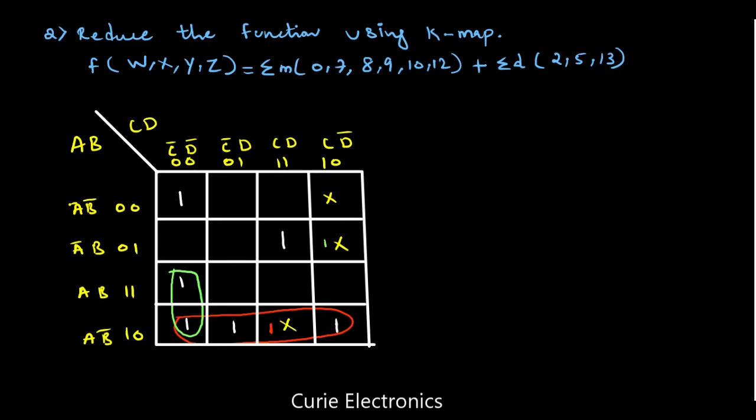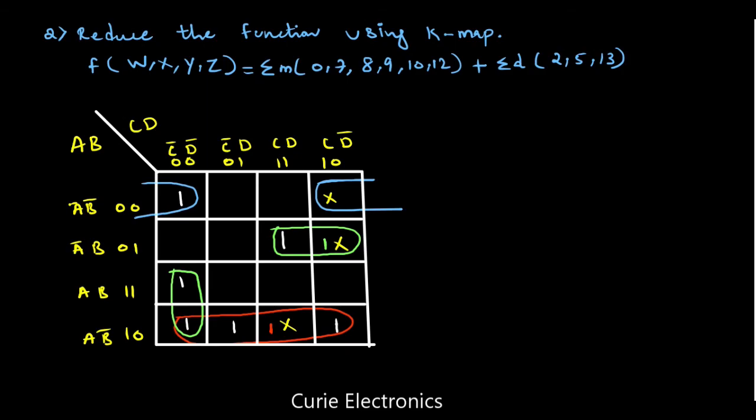Then this also I will make it as 1. Don't care, I will consider it as 1. I will make one pair here. The last one, these two, I will make it as another pair. Right.